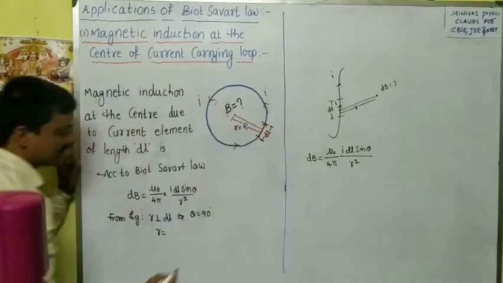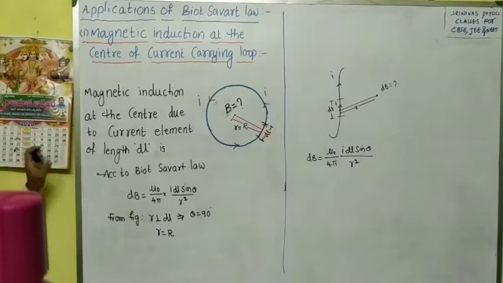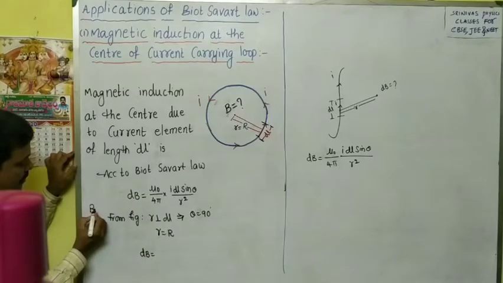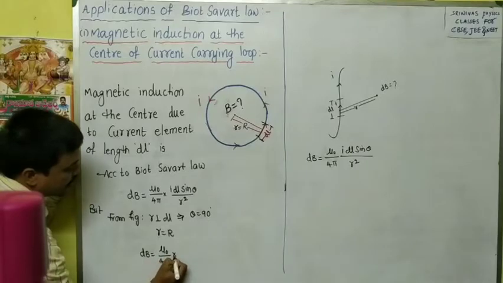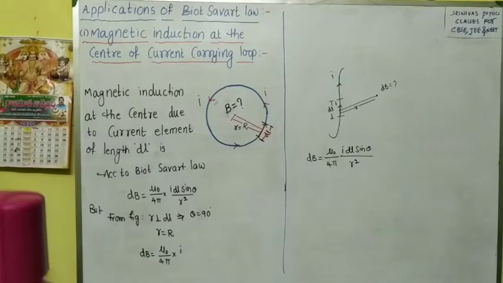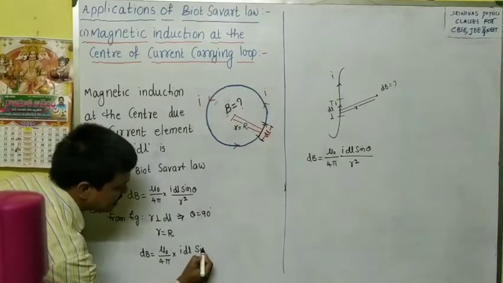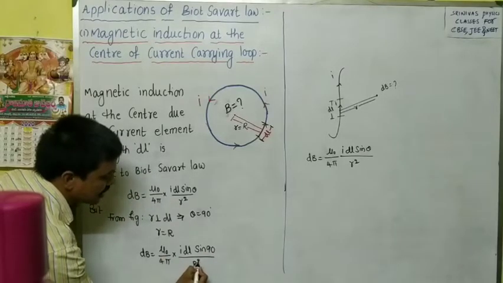This is equal to the radius of the circle, which we consider as capital R. Substituting these two conditions in the above equation, we get dB = (μ0/4π) × I dl sin 90 / R².